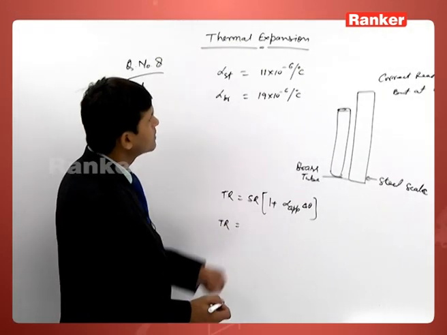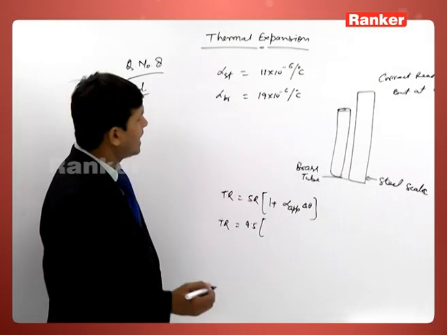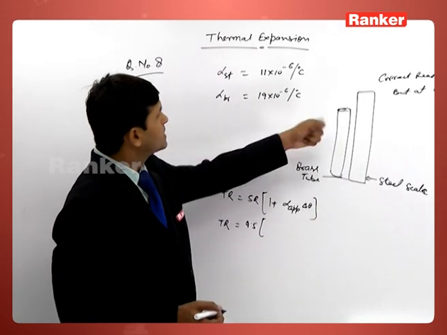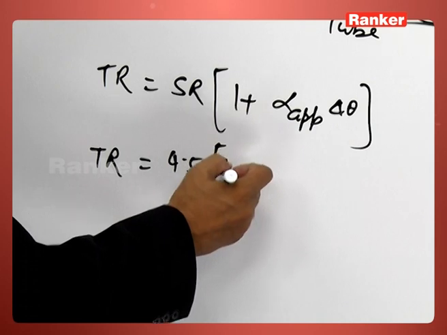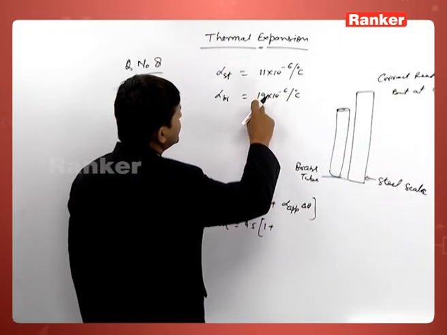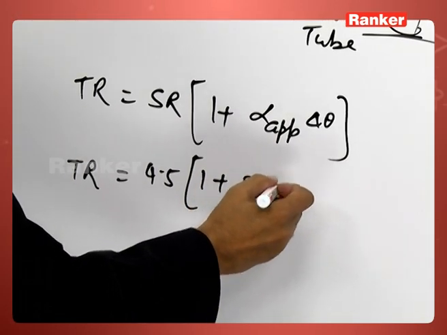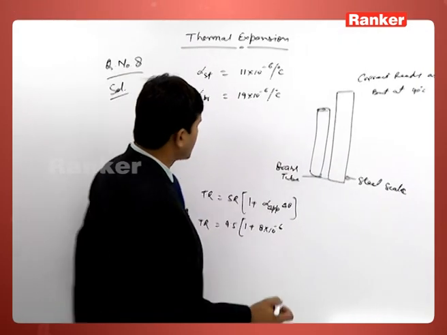Scale reading is 4.5, at temperature difference delta theta, that is 40. 1 plus alpha apparent, the difference of this, 19 minus 11, 8 into 10 power minus 6, and temperature difference 40.